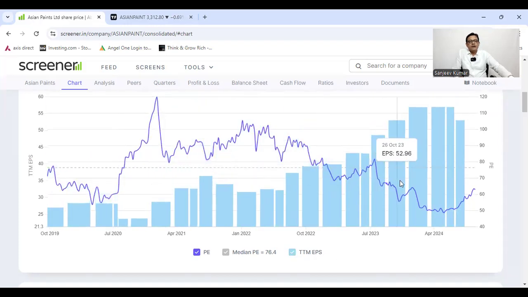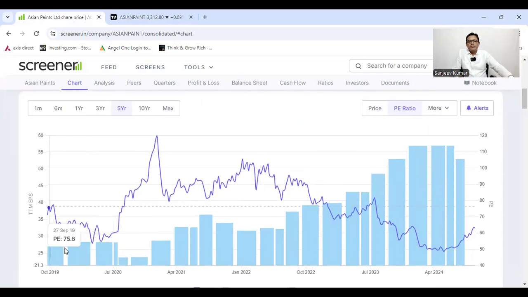So you can understand from this chart that when EPS was low, PE was high. When EPS is high, PE is low. This is confusing, and you will get more confused when you see the chart in TradingView. At present, EPS is high.